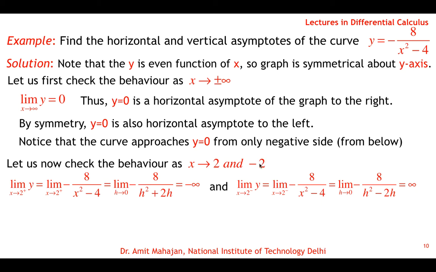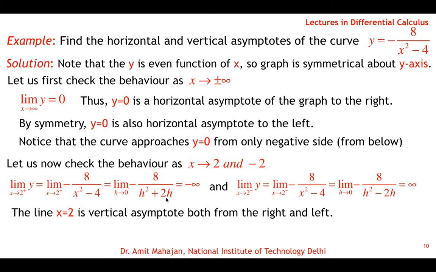Because the graph is symmetric about the y-axis, whatever is happening at 2, symmetrically it will happen at -2. So if you approach 2 from the plus side, from the right hand side, then it goes to minus infinity. That means if I approach -2 from the left hand side, it will grow to minus infinity. And similarly, if I'm approaching 2 from the negative side to plus infinity, then -2 from the positive side will go to plus infinity.